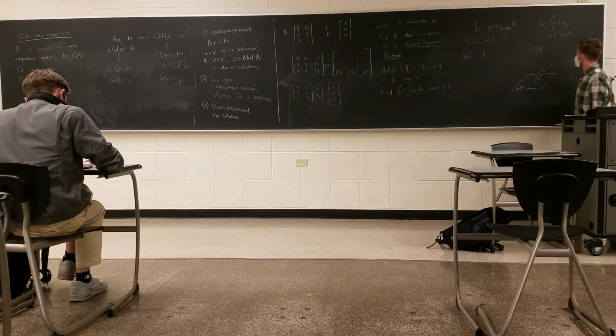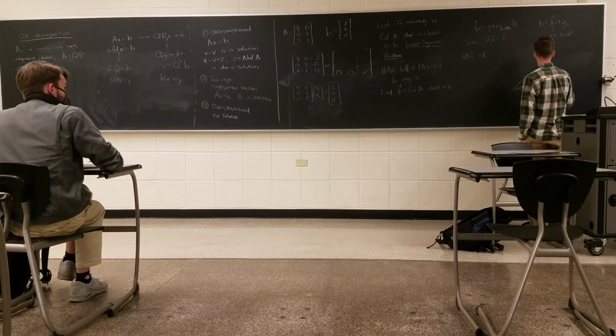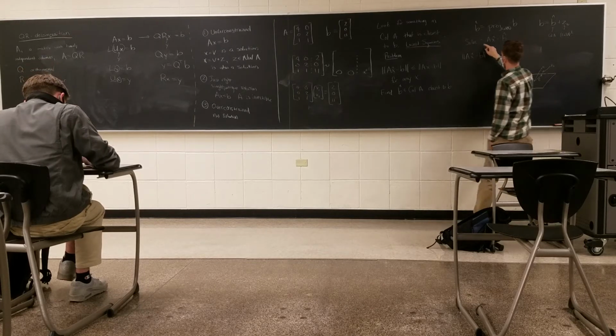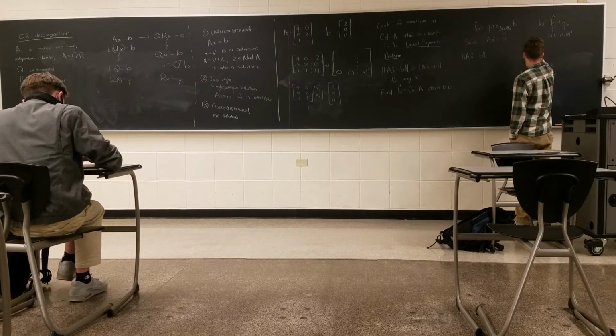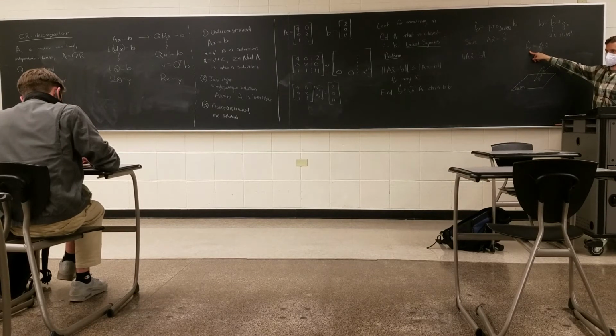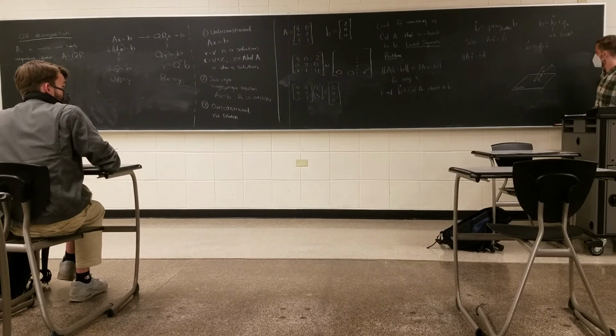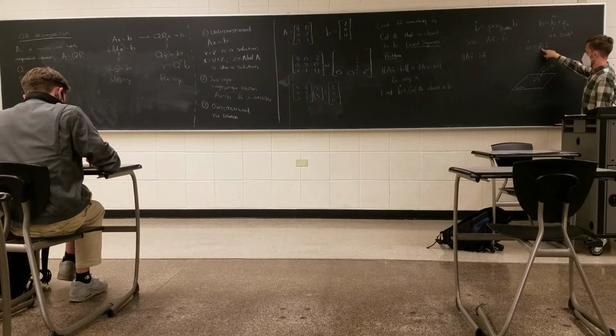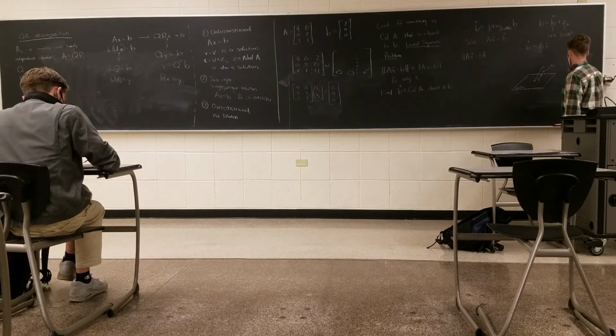Okay, so what we have is this b hat. We're going to find b hat equals A x hat. So this definitely has a solution because we chose b hat so that it's in the column space of A. So there's definitely a solution for this, at least one, possibly more than one, depending on our matrix A. Okay.